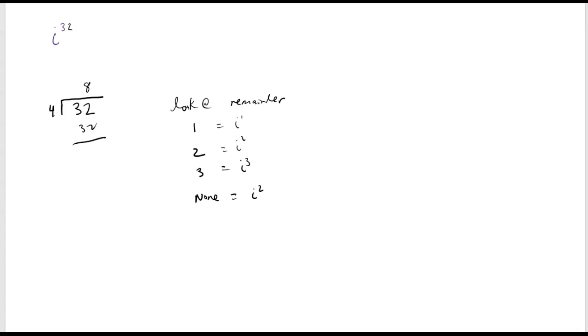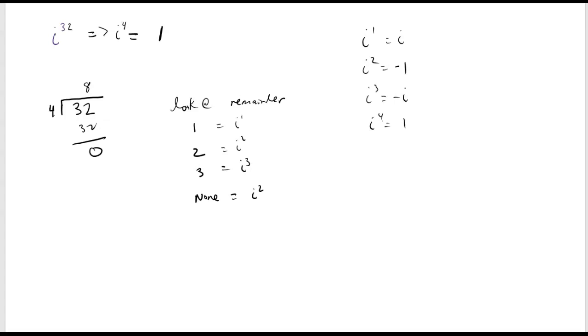Again, it doesn't really matter, but what we're looking at is the 0. So I know that this is equivalent to i to the power 4, which means that this answer is just 1. Now, we could go the long way, and I can say, okay, i to the power 1 is i, i squared was negative 1, i cubed is negative i, i to the power 4 is 1.